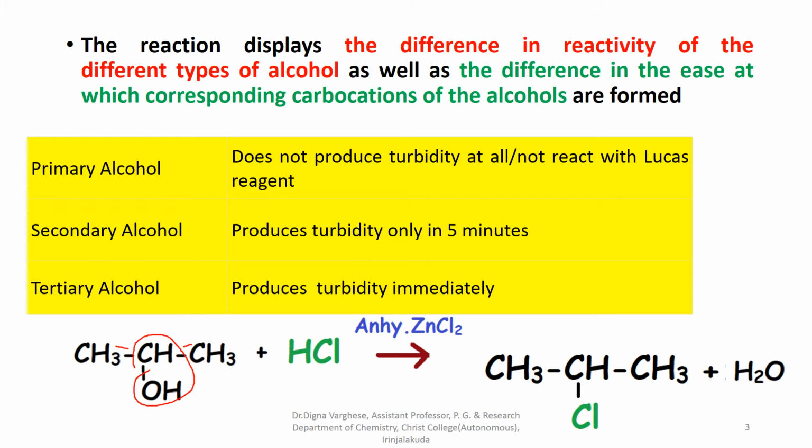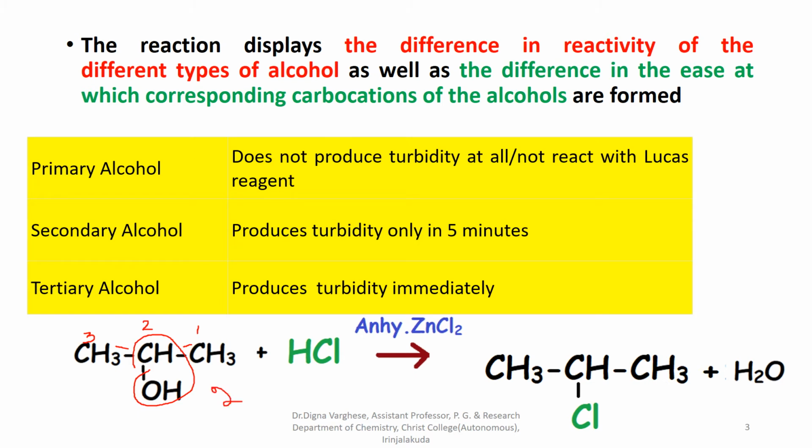Here you can see the main chain contains three carbon atoms. So it is a propane, in which the second carbon atom is attached to the hydroxyl group. So its name is 2-propanol.